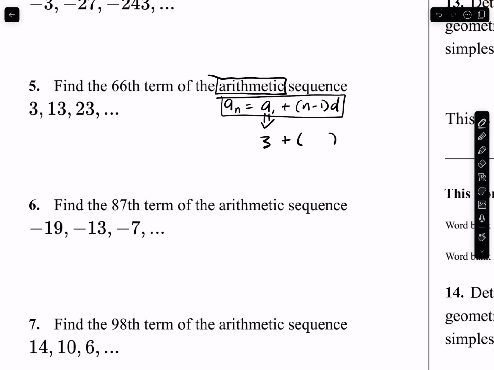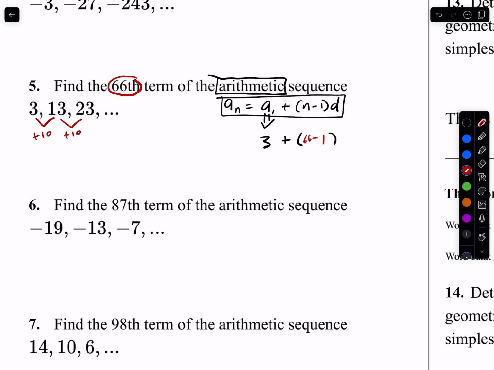Okay, so if we're looking for the 66th term here, what we're going to do is substitute in the number 66. So I do 66 minus 1 on the inside, and then I want to find the common difference. So I can see right here, I'm going up. The common difference here is I'm adding 10 each time.